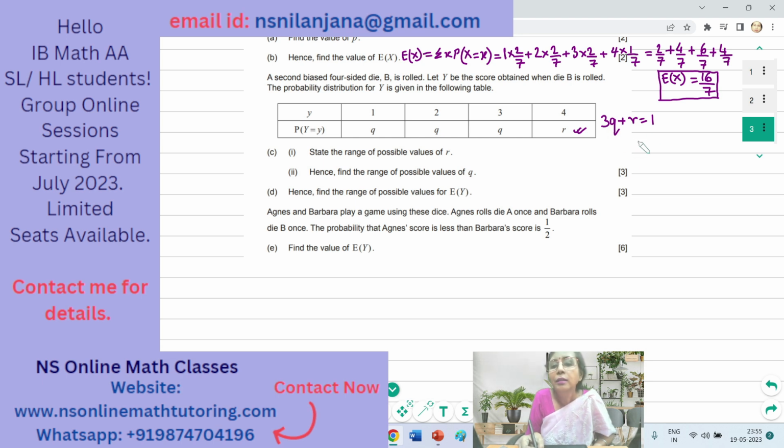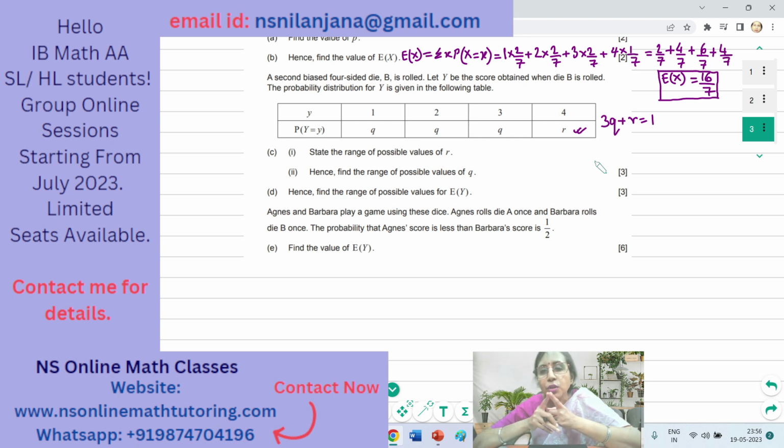Now we have to check this range of possible values of R. Since R is a probability, R will have a value between 0 and 1, but we have to check whether we can take all the values between 0 and 1, both included, for R, because the equation 3Q plus R equals 1 should also be satisfied.